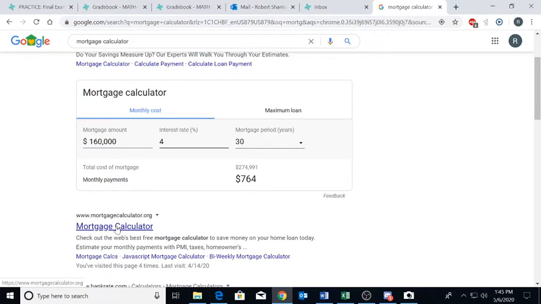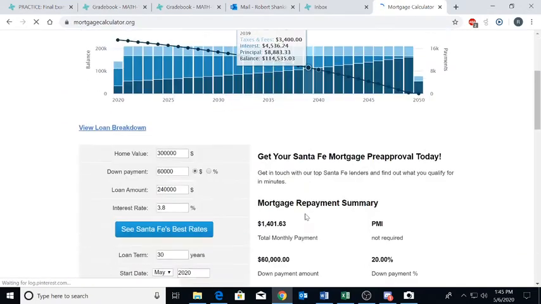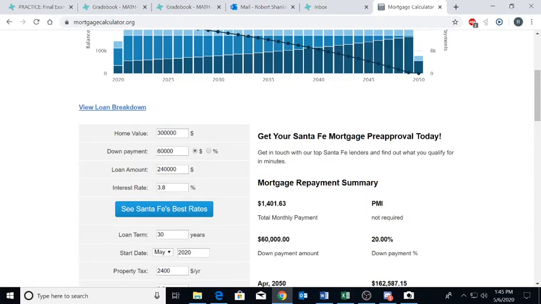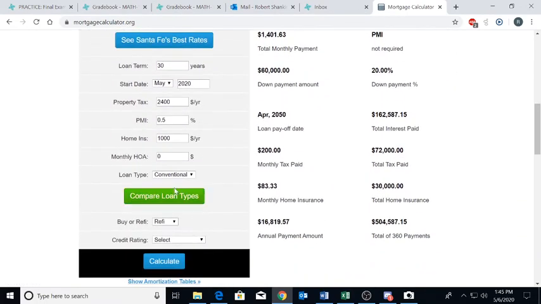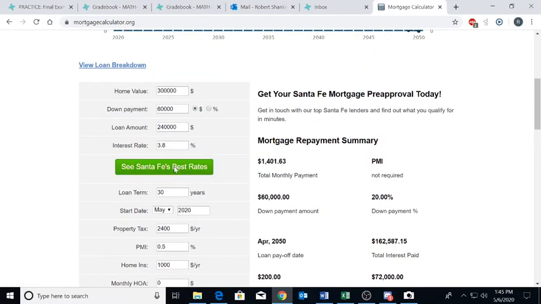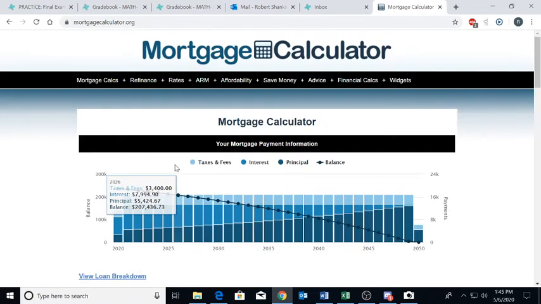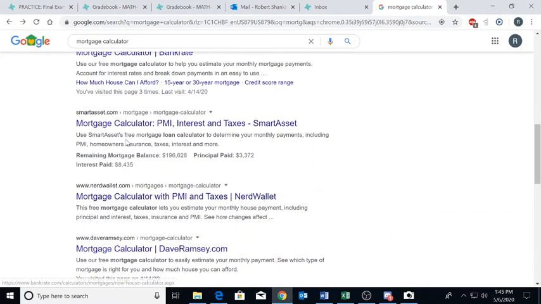Some of the other mortgage calculators, I might do it on more than one to see what's happening. When I do this one, it's trying to put in property tax and all this kind of stuff. And immediately it might be asking me, are you really trying to buy a house? And then I'll put you in touch with a salesman.